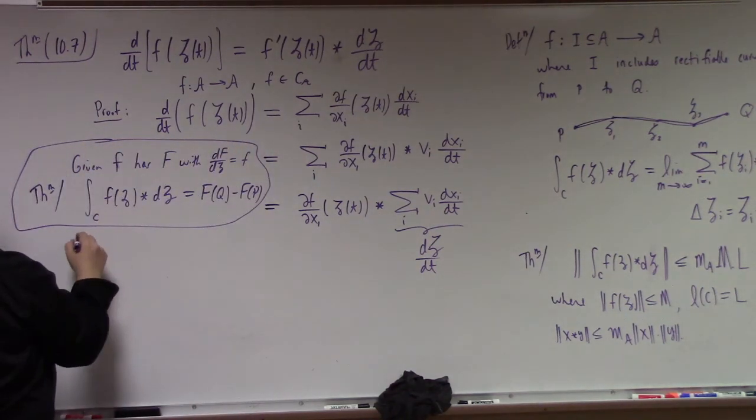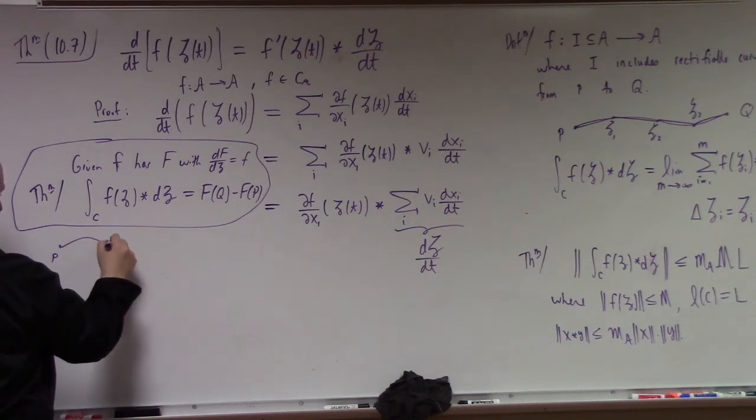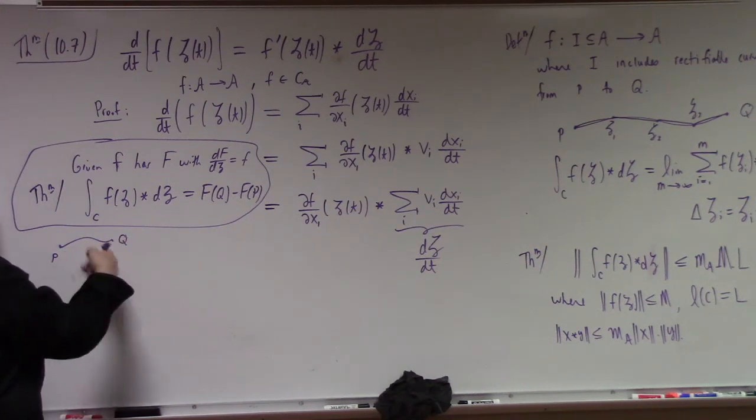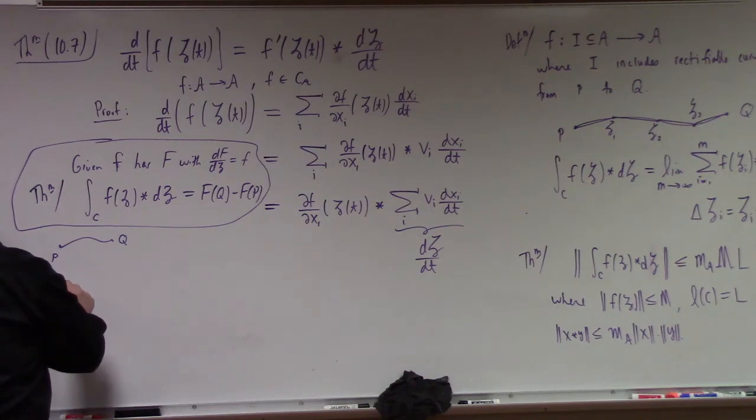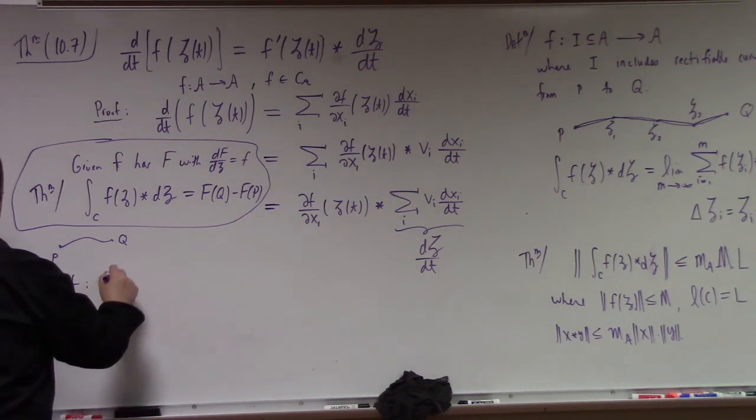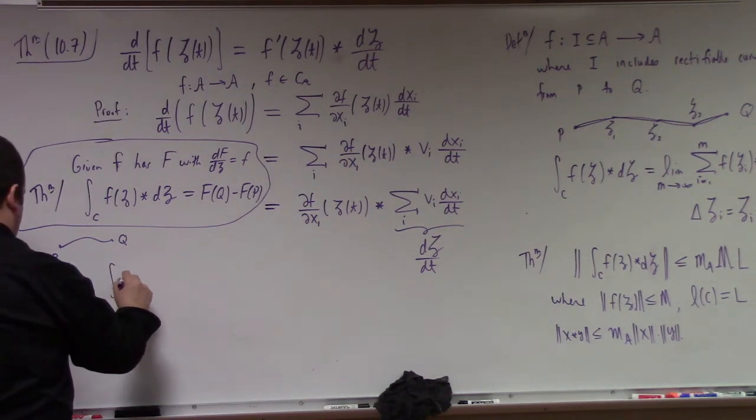And here this C goes from P to Q, and I'm assuming, of course, that the big F exists all along C, and probably I need to have it near it too. Here's the proof. So we integrate along the curve.